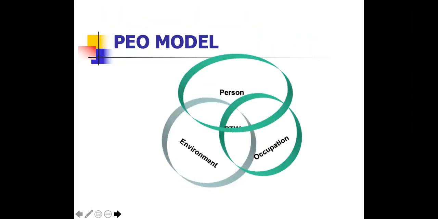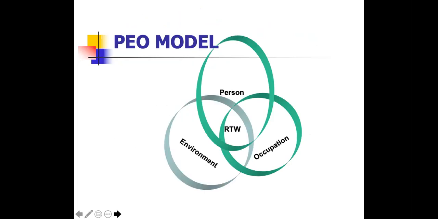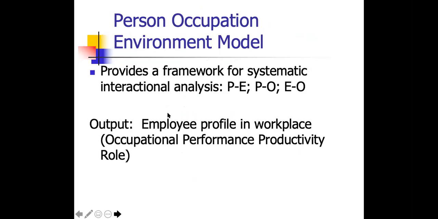PEO model sama juga. Person, environment, occupation. You can use this model because there is interactional analysis, PE, PO, and EO. The output is employee profile in workplace, occupational performance productivity role.